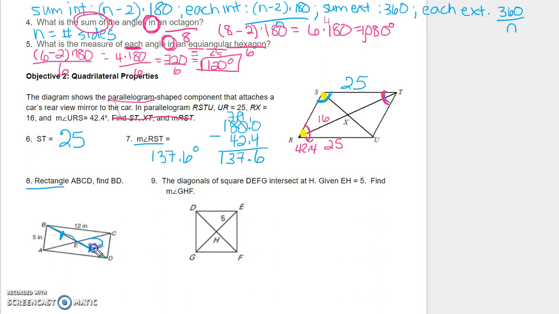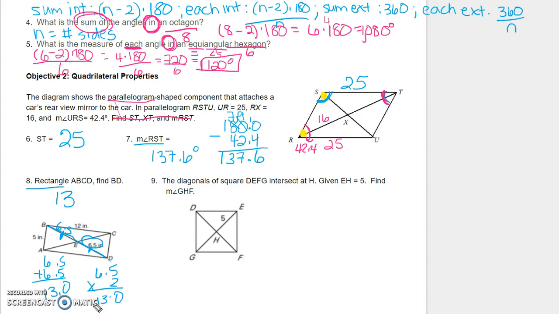If ED is 6.5, then BE is 6.5, so the entire length would be 13. You can add 6.5 and 6.5 and get 13, or you can do 6.5 times 2 is 13. You choose.